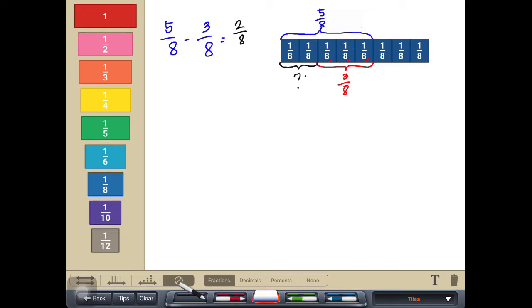But if you think of it, is 2/8 already in its simplest form? So to know that, we have to make sure that there is no more number that can divide both 2 and 8. But there is still a number that we can divide both 2 and 8 with, and that is 2.